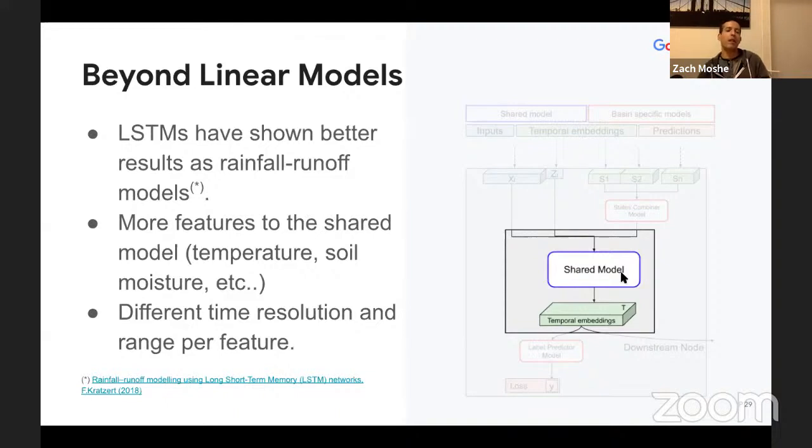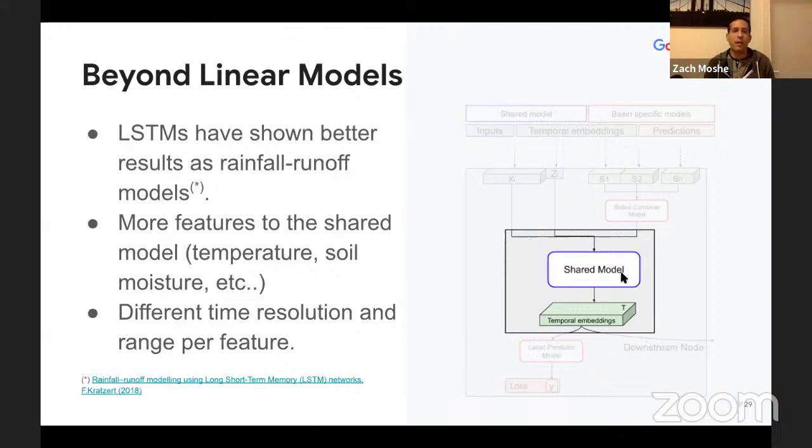We have a link here to this paper of Freddie Kreitzert that shows that LSTMs are much, much better at hydrologic modeling than SAC SMA, I think it's called, many actual hydrologic models that are calibrated per gauge. Freddie was able to show that if he just trains an LSTM for all gauges together, he gets better results than the per gauge calibrated SAC SMA models, which is pretty amazing.